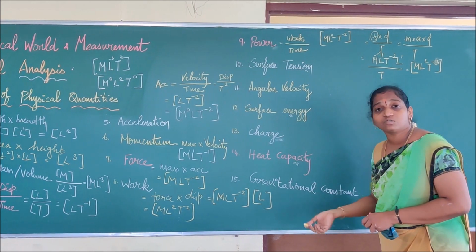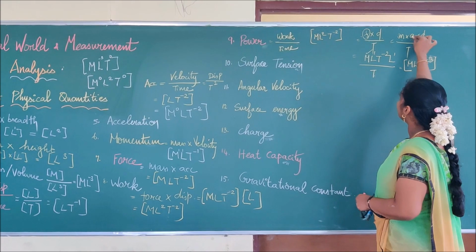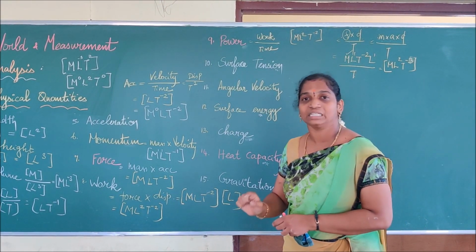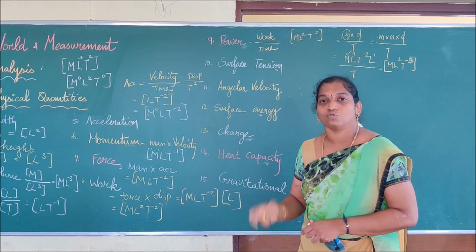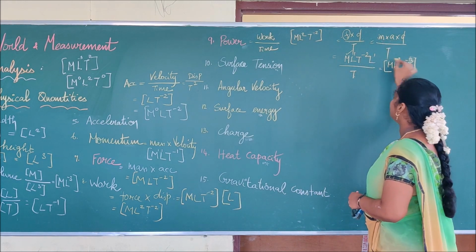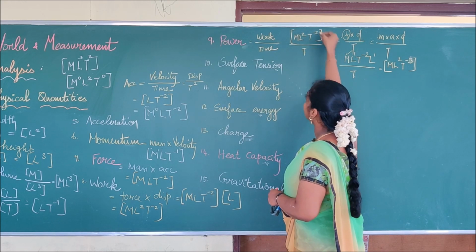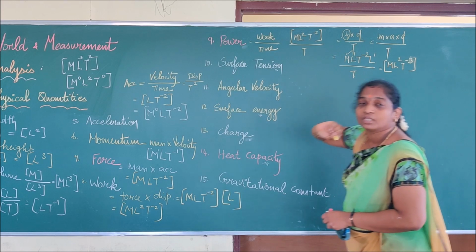Again velocity becomes displacement by time taken. Right? Since we know velocity means LT power minus 1 and acceleration means LT power minus 2, you have to remember that. So we can directly substitute this value and write it. Here also the same thing. So T, if it is raised to the power minus, it becomes minus 3. Is it clear to you?